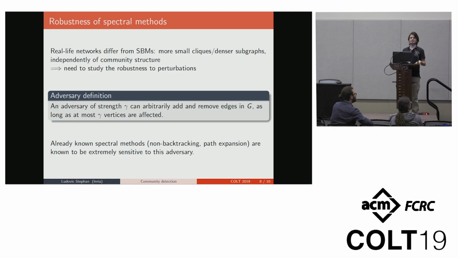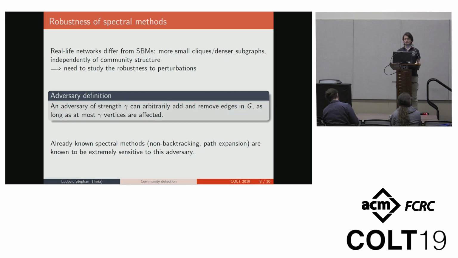Another problem that is interesting in the study of stochastic block models is the robustness of the methods, because in real life, the networks we see are not exactly like the model-generated ones, and they tend to have a lot more small cliques, or small, dense subgraphs that are mostly independent from the community structure.